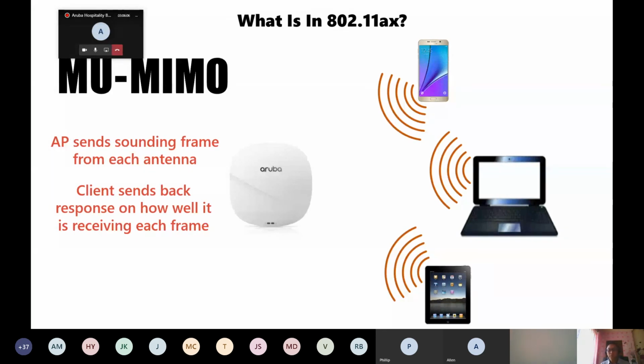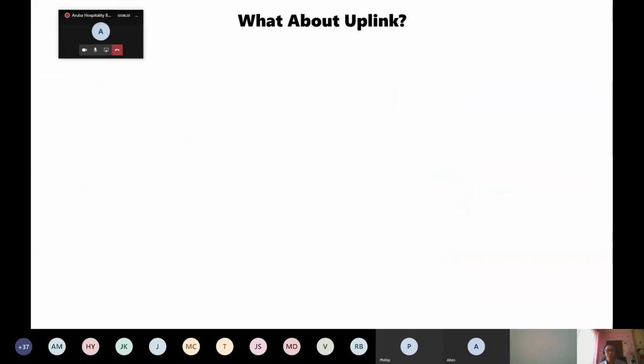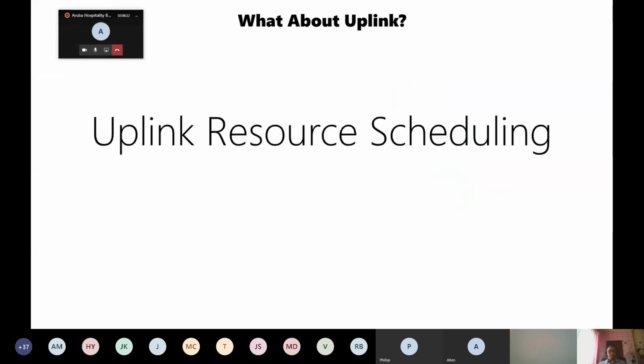This allows the AP to know how the signal is being received by all the clients, and therefore how to shape the signal when it needs to send it out to these users. So that is MU-MIMO.